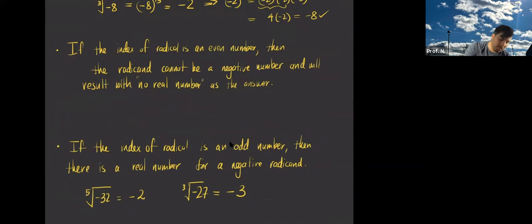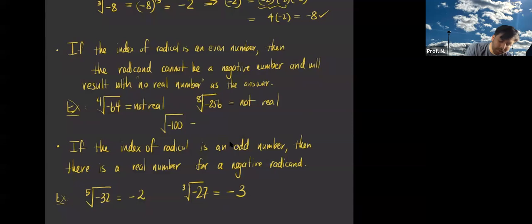So these are like little further examples here. However, if I take the fourth root of negative 64, not real. If I take the eighth root of negative 256, not real. If I take the square root of negative 100, not real.